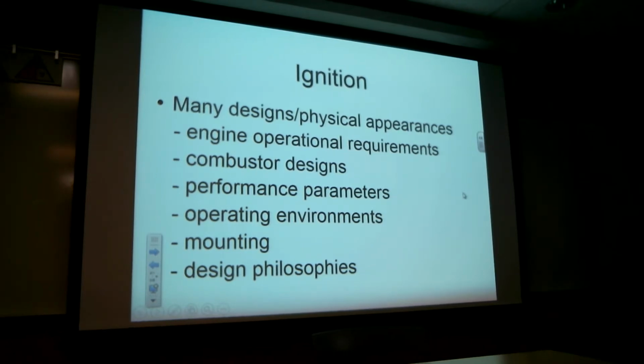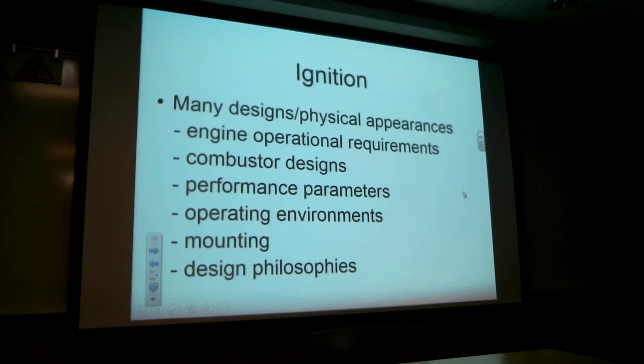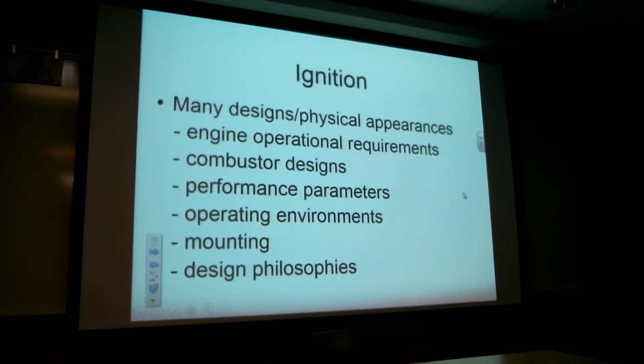Now, they have a lot of different shapes and sizes to them, and they have a lot of different requirements depending on the engines. So if you have different combustor designs, what kind of different combustor designs do we have? Three basic ones, right? Can, annular, right, exactly. Different performance parameters on the engines.